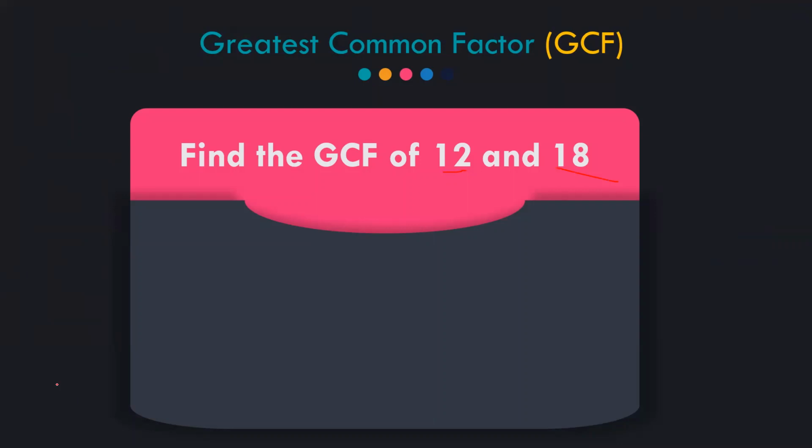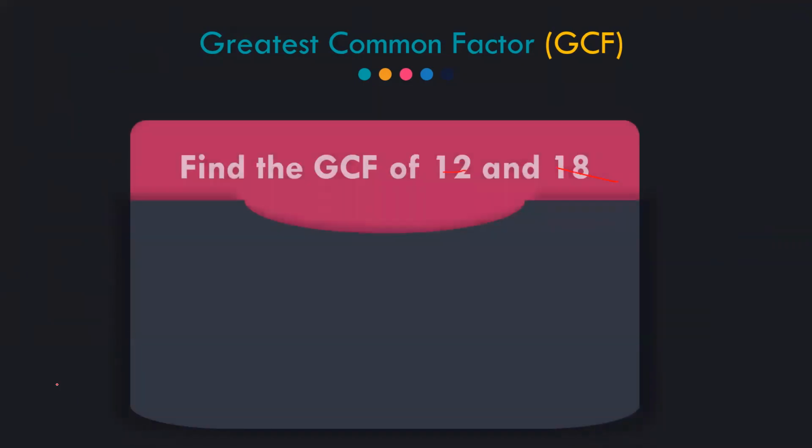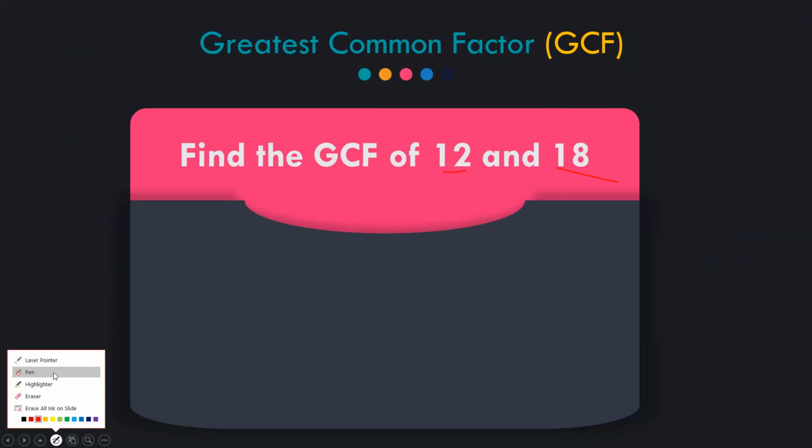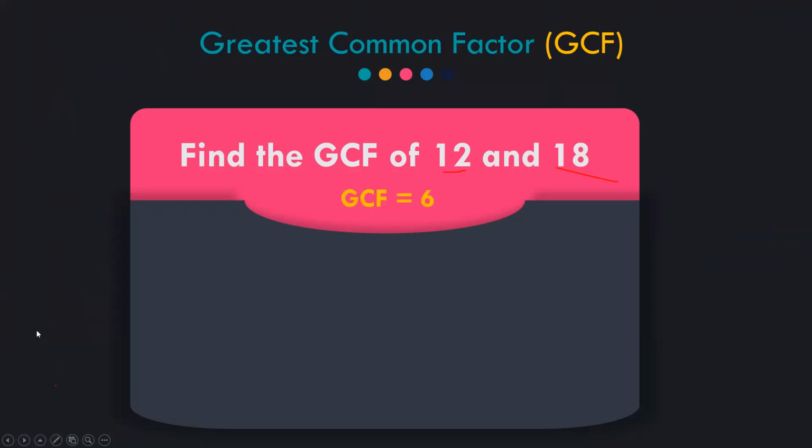So we need to think of a number na pwedeng makapag-divide, largest number na pwedeng makapag-divide kay 12 and 18. So obviously, that is 6. 6 can divide 12 and 18. And also, that is the greatest common factor.